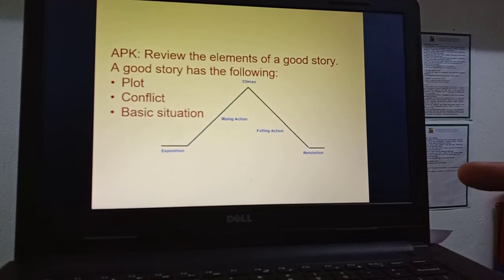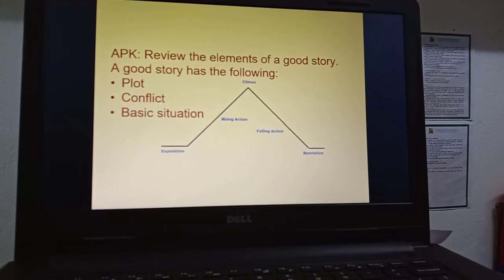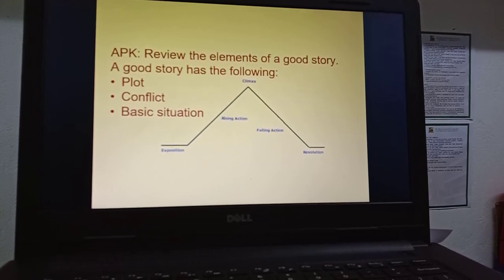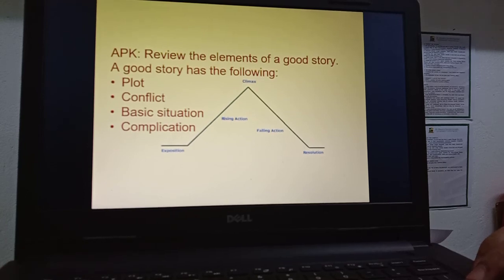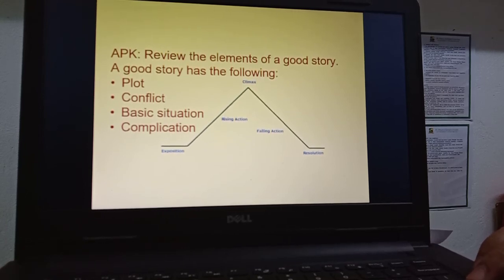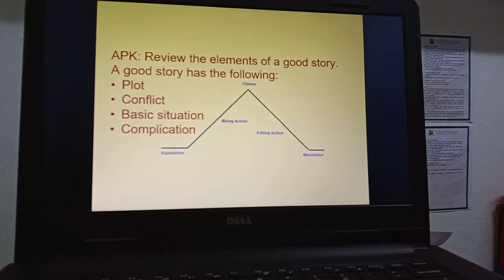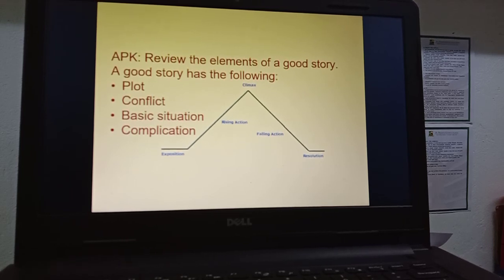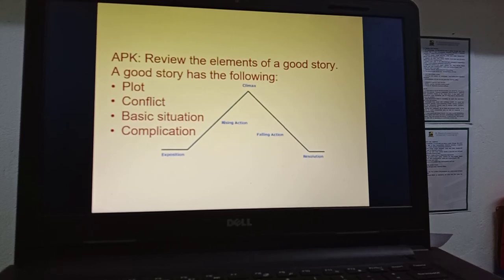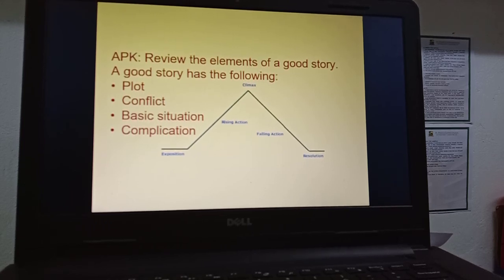In the exposition part of a typical Filipino plot, characters, both main and supporting roles, are introduced. Then you have the complications. This is the act of complicating or making involved. Now, looking back on the plot, you have there the sequence of the events that is arranged in a complication in such a way that it will reach the climax.